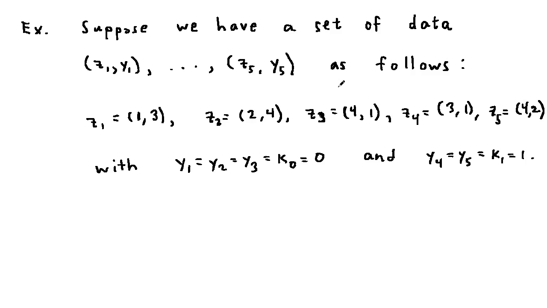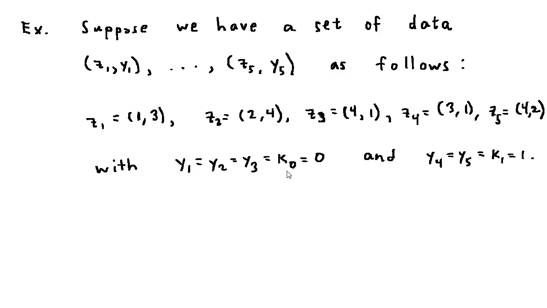Let's do an example. Suppose we have a set of data z1, y1 through z5, y5 as follows. z1 is given by 1, 3, z2 is given by 2, 4, z3 is given by 4, 1, z4 is 3, 1, and z5 is 4, 2, with y1, y2, and y3 equal to k0, which is 0.